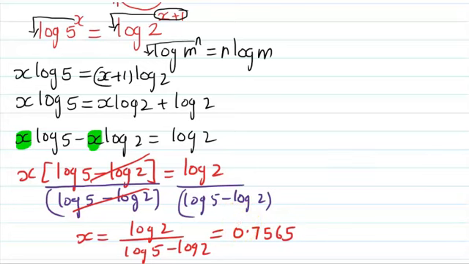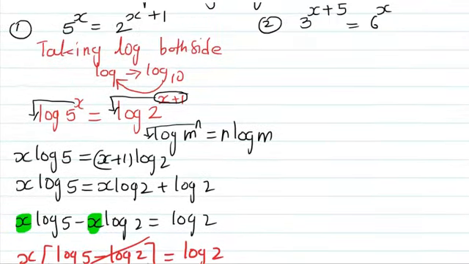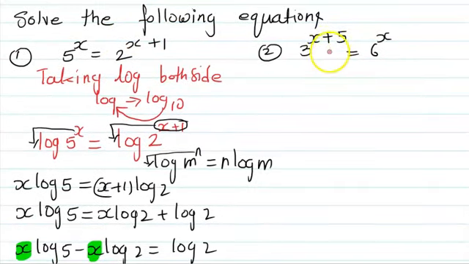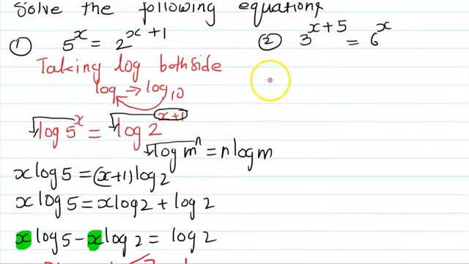Okay. Now the other question is here. Please try. You need to follow exactly the same method, same steps. Please start question number 2 now. Exactly same way. So hope you have tried this. 3 to the power x plus 5 equal to 6 to the power x.